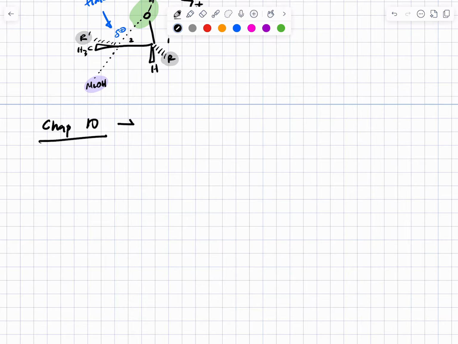The main theme of chapter 10 is going to be a carbon-carbon pi bond as the HOMO of a nucleophile attacking an electrophile.